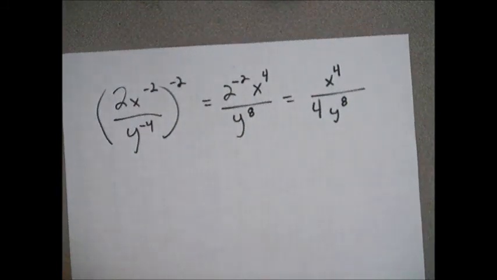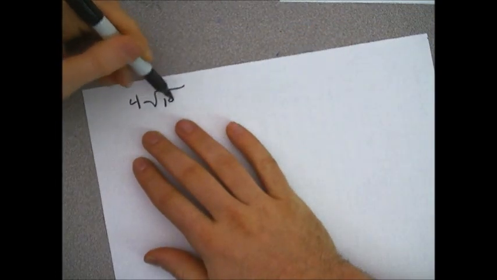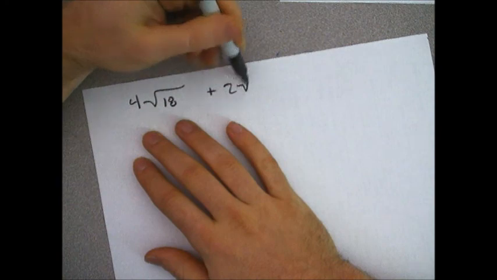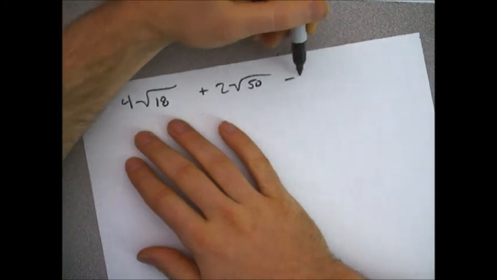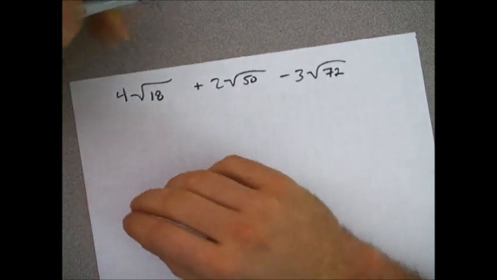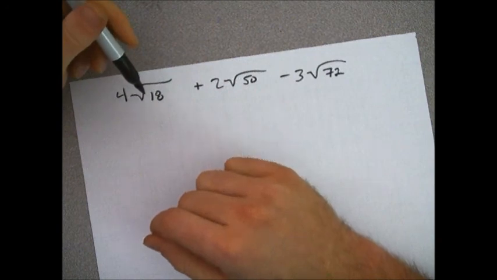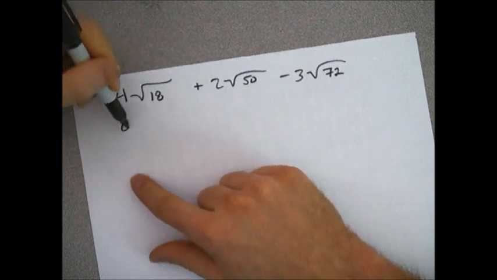Okay, 22. 4 radical 18 plus 2 radical 50 minus 3 radical 72. These are all square roots, so I'm looking for perfect squares. Joey, what perfect square goes into 18? 9 times 2.